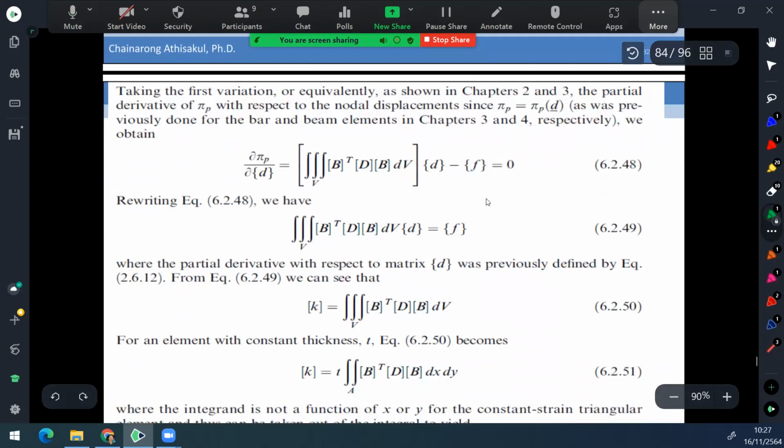After that we apply the principle of minimum potential energy.